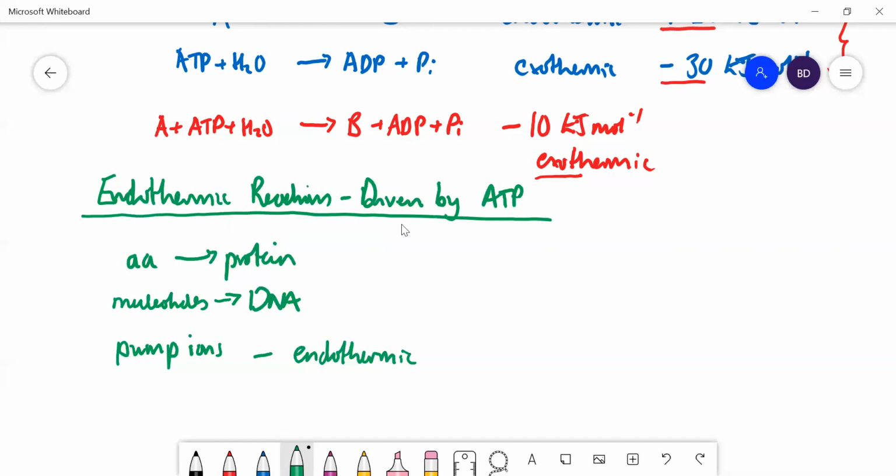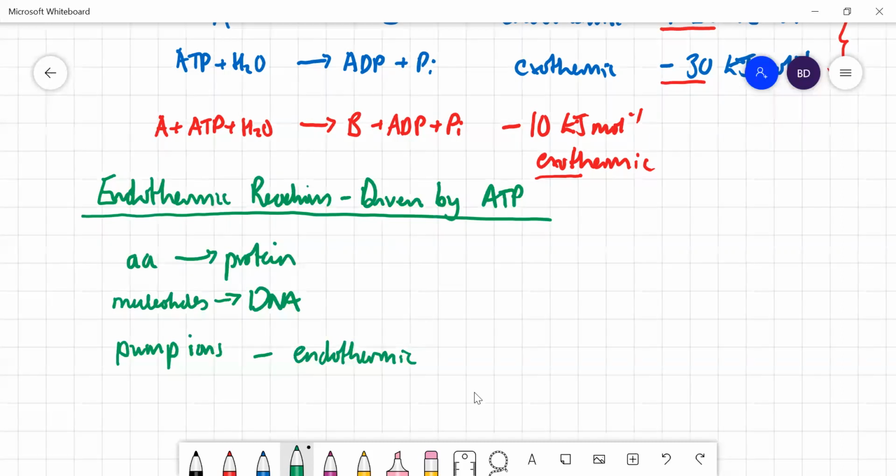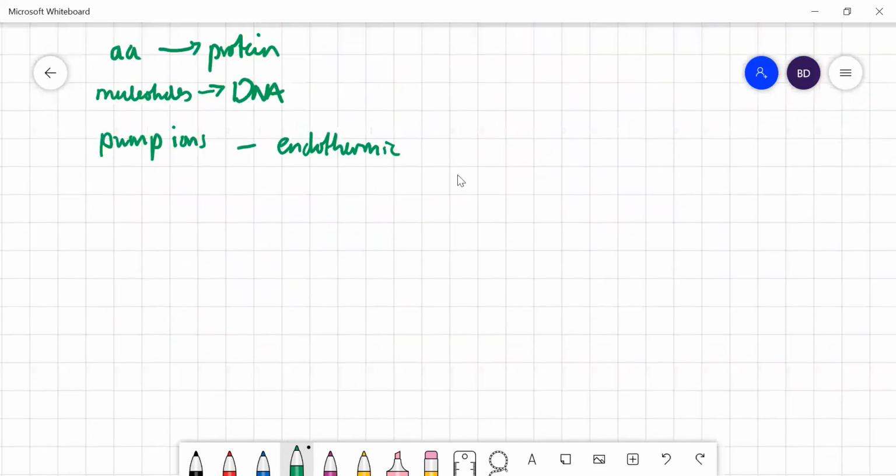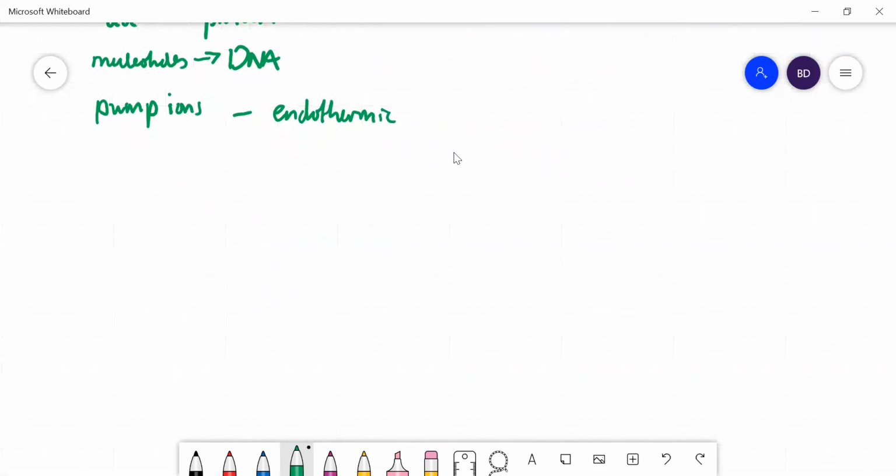Okay, so let's have a think about how we generate ATP. And again, we won't look at any details, but let's look at the overall changes. So we're going to get glucose, C6H12O6, plus 6 oxygens.